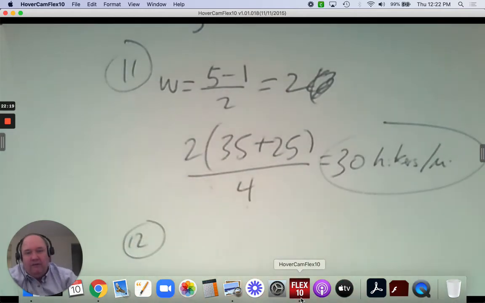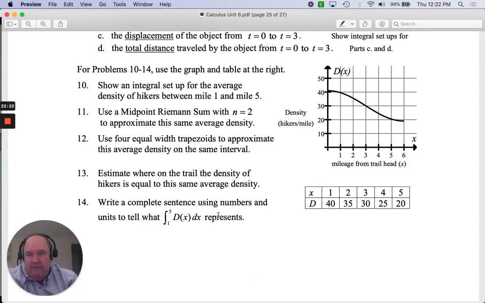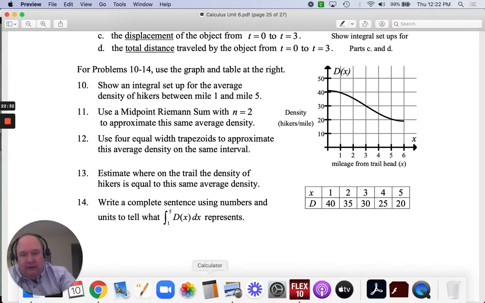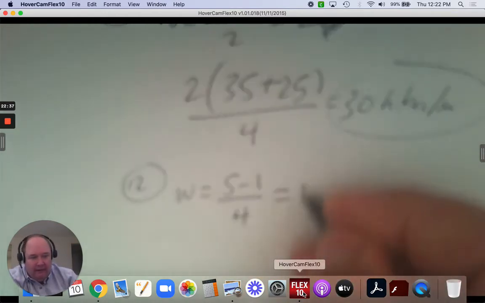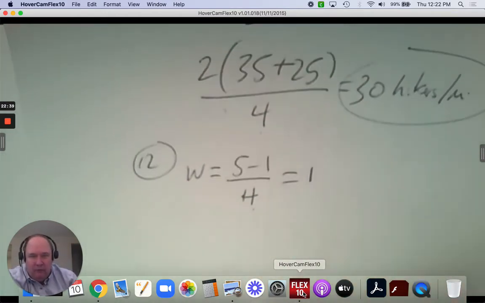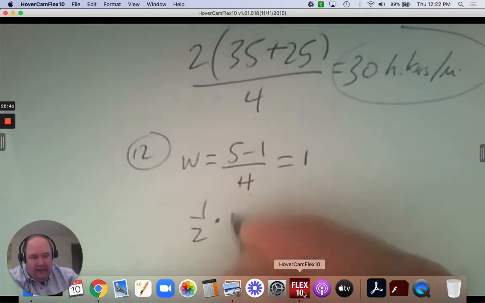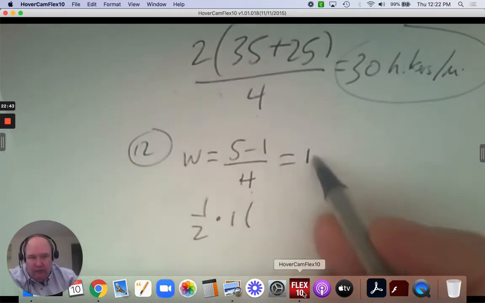In number 12, it says to use a trapezoidal sum. So if you do a trapezoid, we're using 4 trapezoids. So now the width of the trapezoids, we go 5 take away 1 divided by 4 instead of divided by 2. So 5 take away 1 divided by 4, that means the width of each trapezoid is 1. So the formula is 1/2 times the width, which is 1.